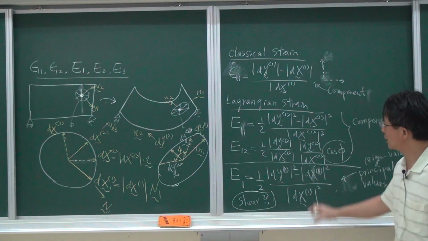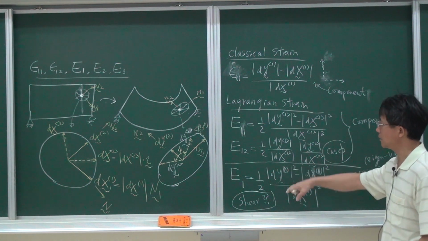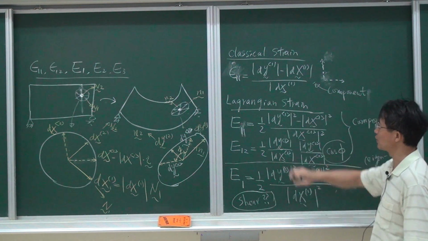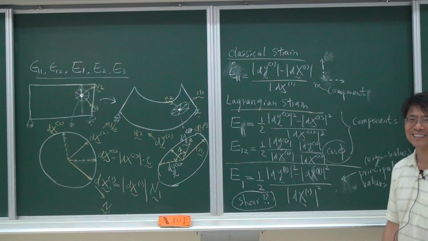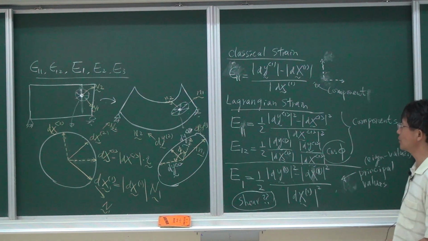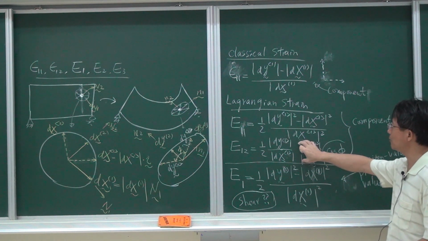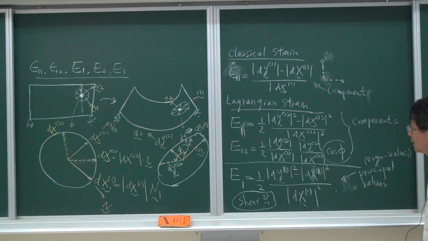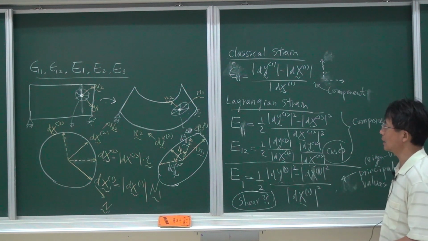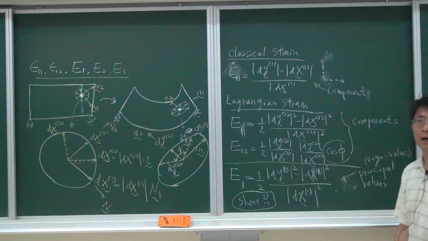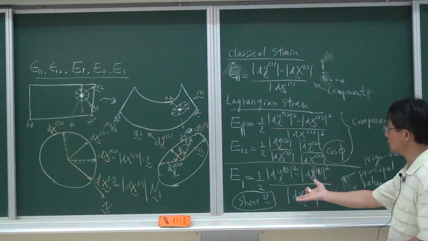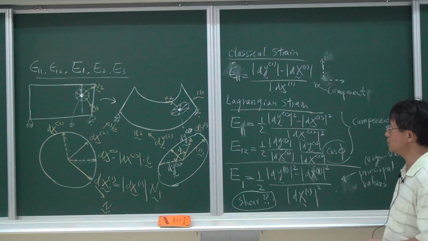You can express the ratio of the length by the principal strain, no problem. But how about the shear? At least in component form we have the shear strain, but if you use the principal values, the shear strain is gone. So what is the shear for the principal values?